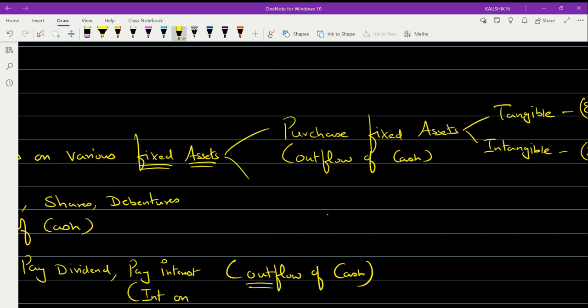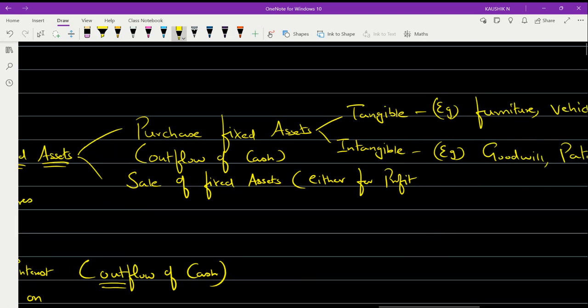So here, the sale of fixed assets, either at a profit or at a loss, either can be the case.